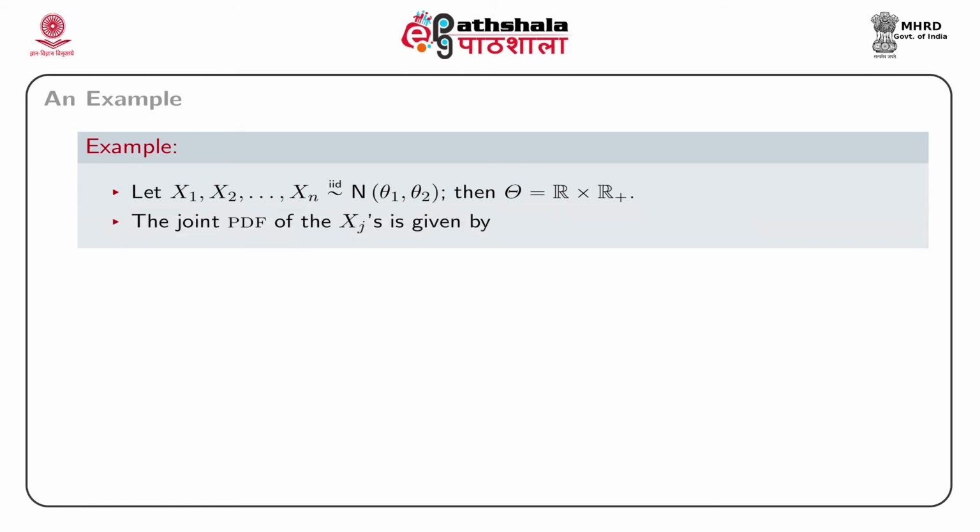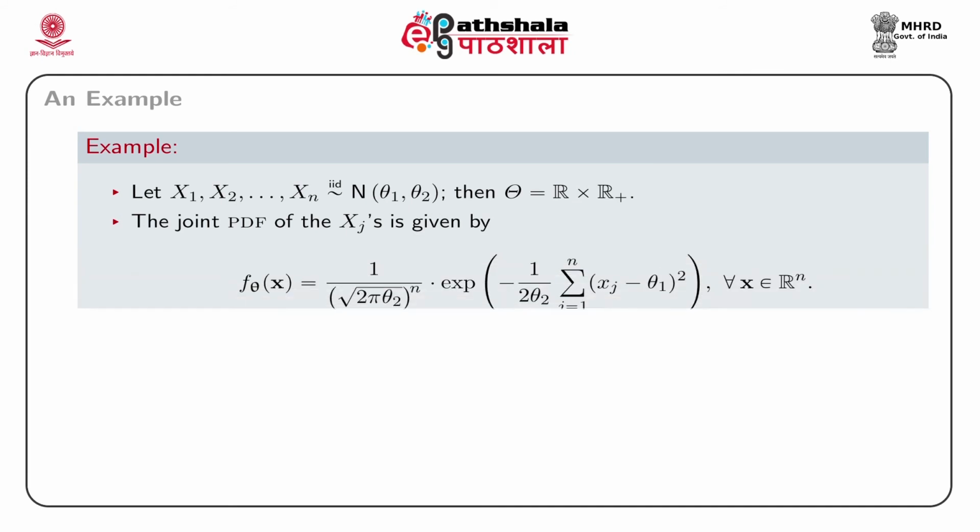The PDF of x_i is given by f_theta(x) equals 1 by theta 2 into root 2 pi into e to the power minus 1 by 2 theta 2 into (x minus theta 1) whole square, where minus infinity less than x less than infinity, minus infinity less than theta 1 less than infinity, and theta 2 greater than 0.